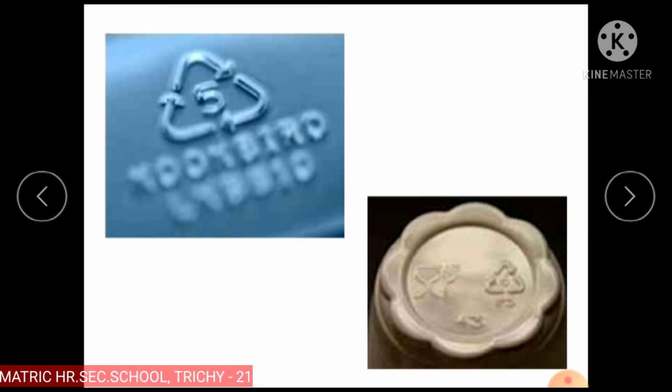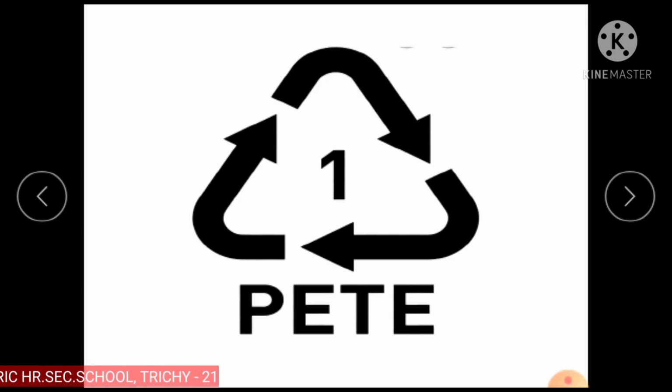This is what we call a resin code. If the number is 1 within the chasing triangle and has the acronym PET or PETE, then it is a type of plastic which is called PET.